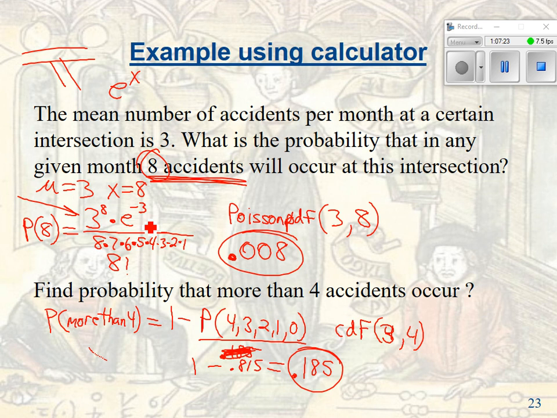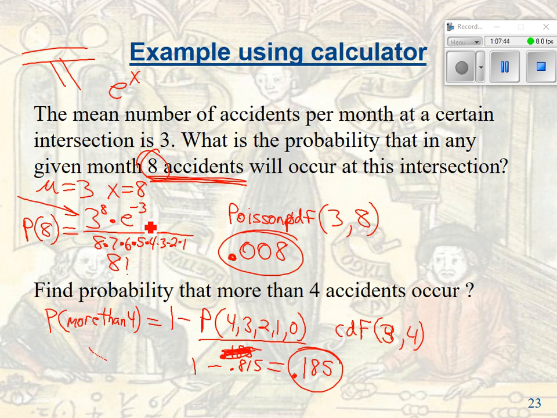But notice the chart only goes up to 12. What happens at 12? With the mean being 3, going up to 12, it's 0.000. It's very small. And guess what's going to happen for 13, 14, 15, 16? It's going to get even smaller, so it's probably not going to matter.